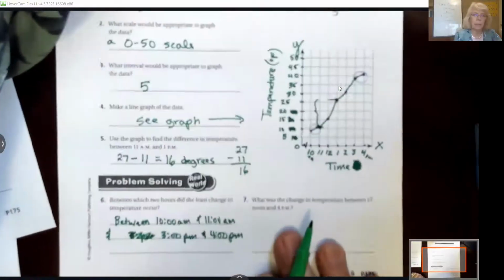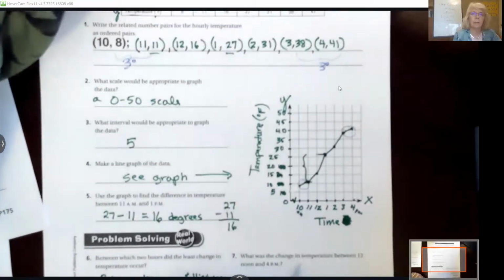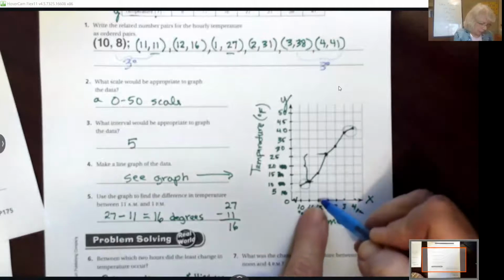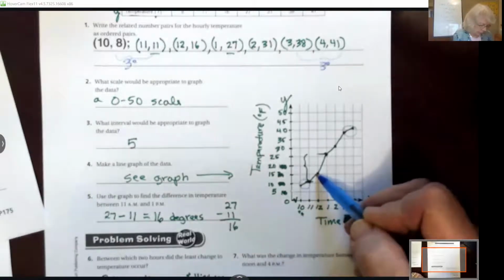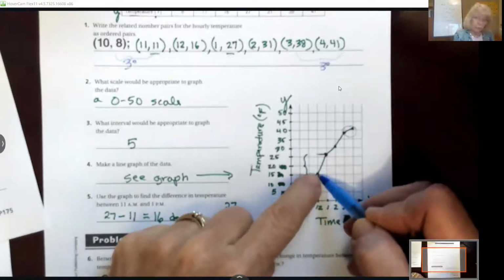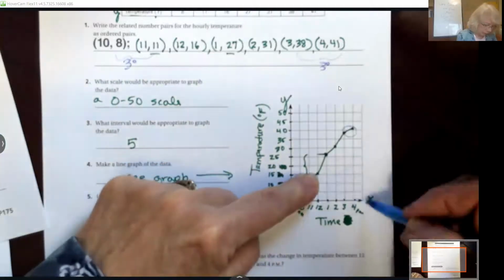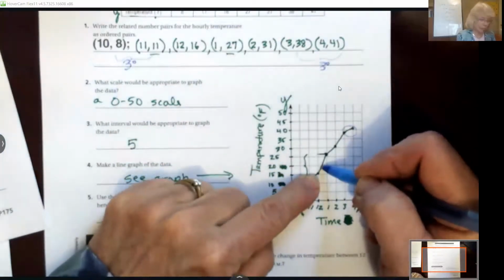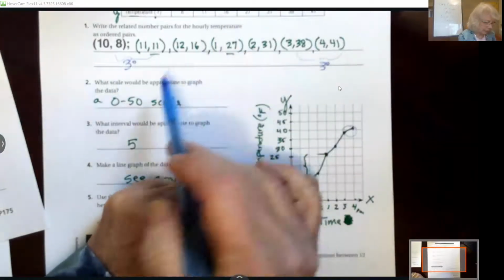Okay, now it's asking us what was the change in temperature between 12 noon and 4 p.m. So to do that, we can go to 2 places. We can look at our line graph, go to 12 and see what our temperature is, and then go over to 4 and look at our temperature at 4. Again, I think it's easier to go up to the data that gives us the exact numbers.